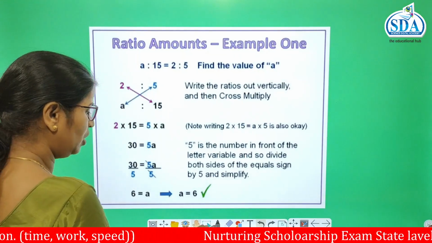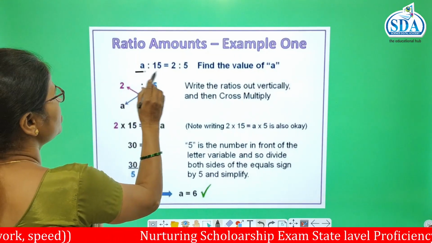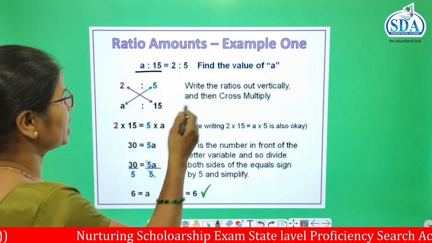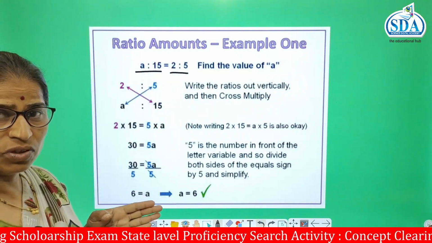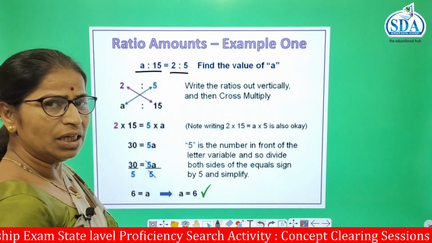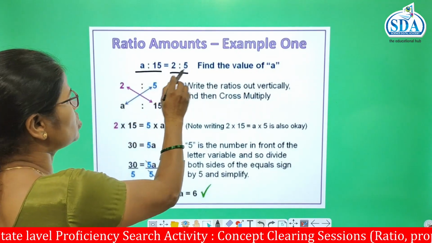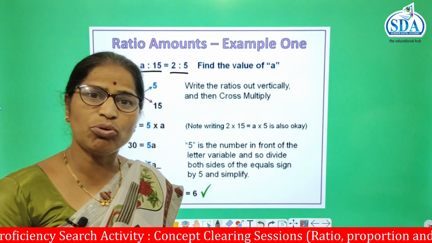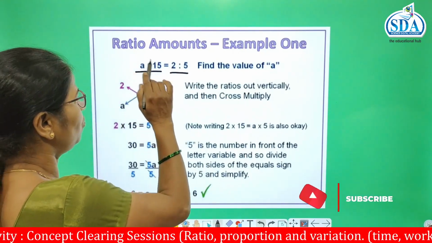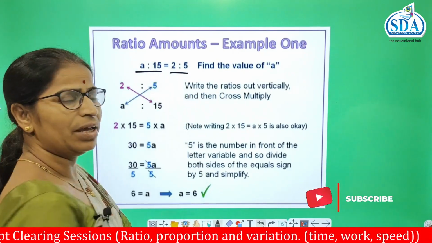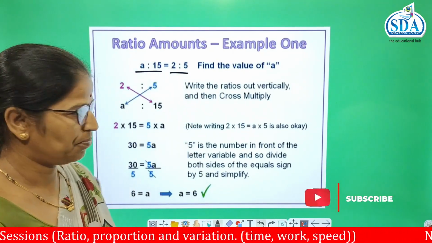Here there are two ratios mentioned. First one is A:15 and second one is 2:5. If two ratios are equal, then the numbers in those ratios are said to be in proportion. So A, 15, 2 and 5 are in proportion.